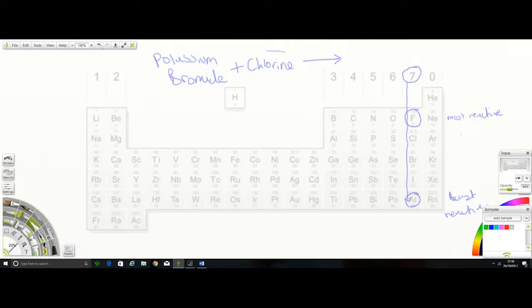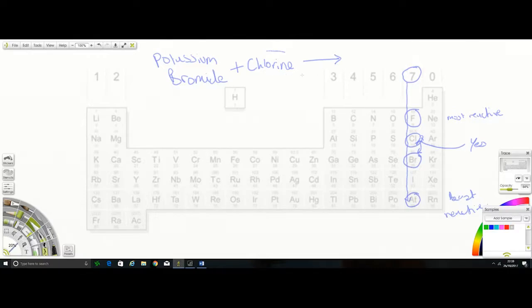To think of it as a bully analogy, can this chlorine here bully this bromine here? And the answer is yes, because the ones at the top are more reactive than the ones at the bottom. So this chlorine can bully the bromine and take its place.